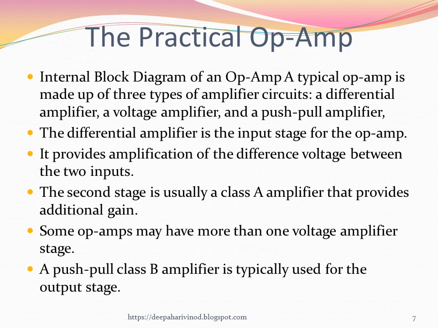Practical op-amp: the internal block diagram of the op-amp, which we can see in the next slide. It is made of three types of amplifier: a differential amplifier, a voltage amplifier, and a push-pull amplifier.